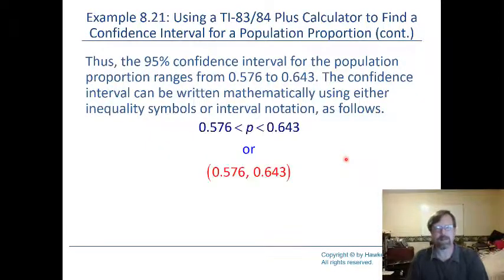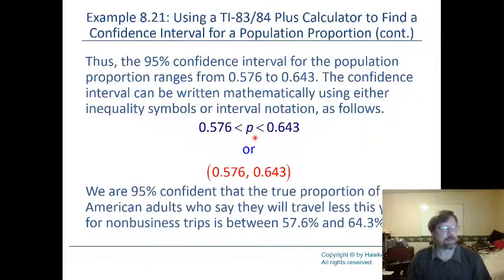We can still write it as an inequality also. And we're 95% confident that the true proportion of Americans who say they will travel less this year for non-business trips is between 57.6% and 64.3%.